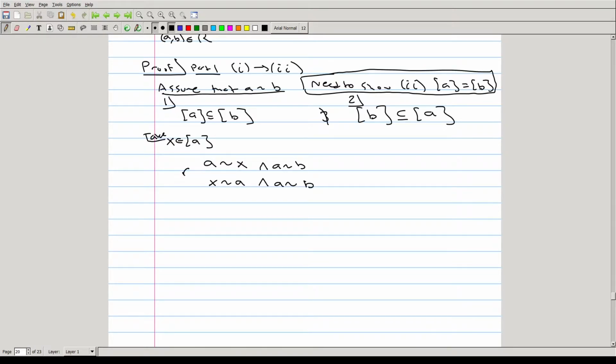So this step is by the symmetry property. And the last step then is that by transitivity, if x is related to A and A is related to B, then x must be related to B, which means that B is related to x by symmetry, and this means that x is an element of the equivalence class of B. This proof right here is very, very similar.